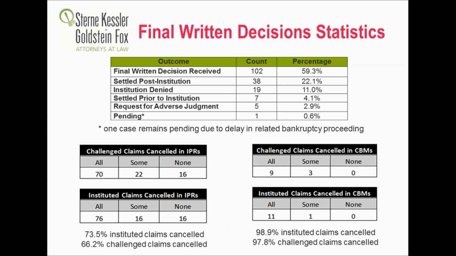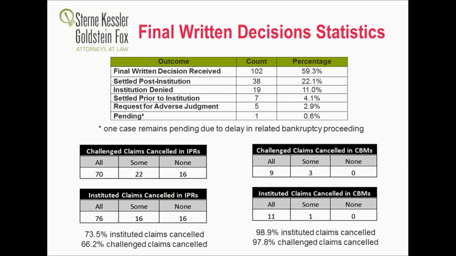And as we can see, the percentage of final written decisions received, there's been about 60% received. And I think the more interesting statistics are what we see here at the bottom, where they're separated into the challenge claims that were canceled.